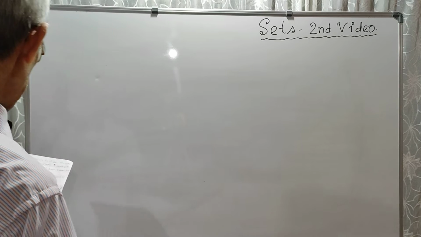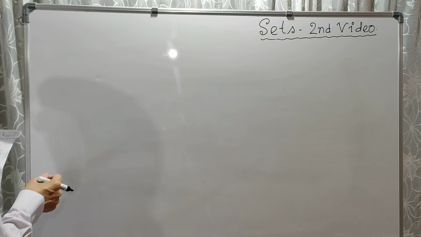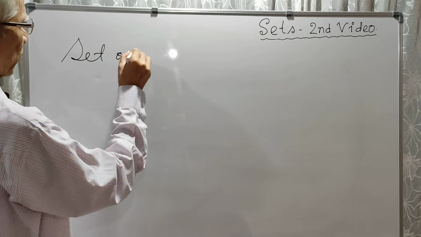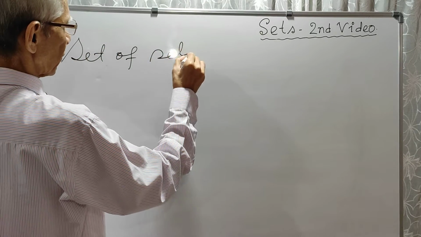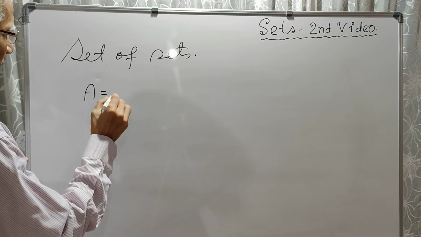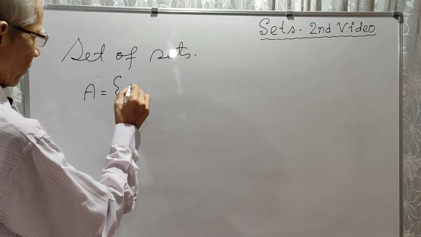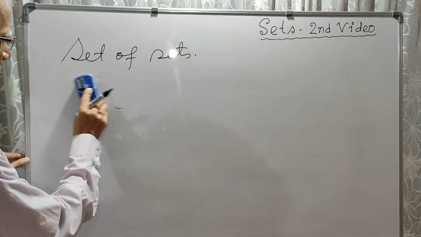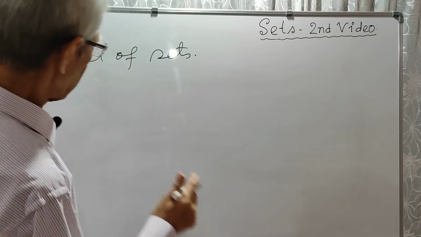Then next comes set of sets. Now see this A. Suppose we have these sets.